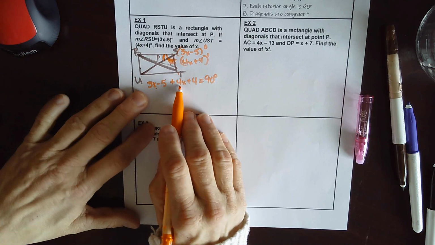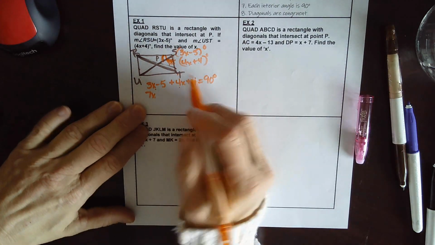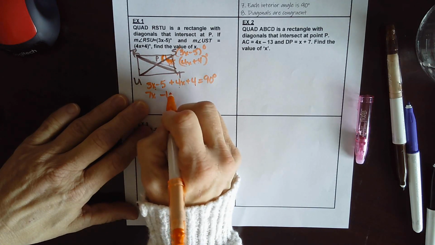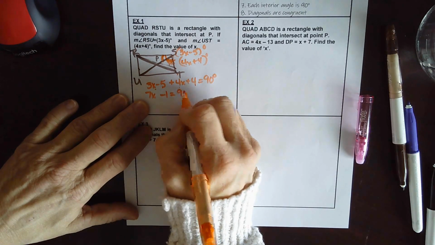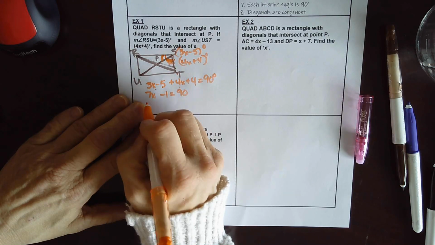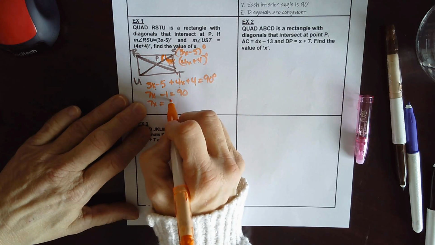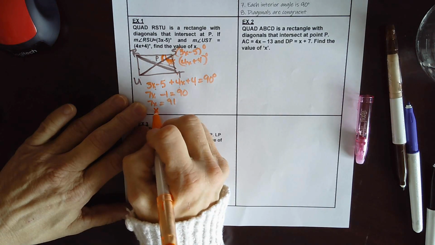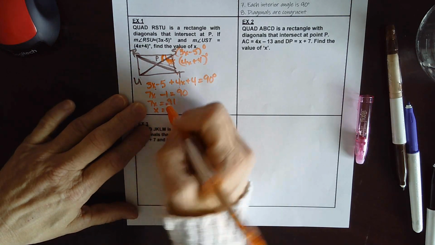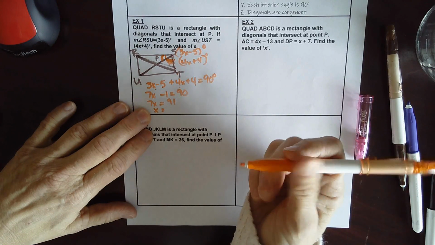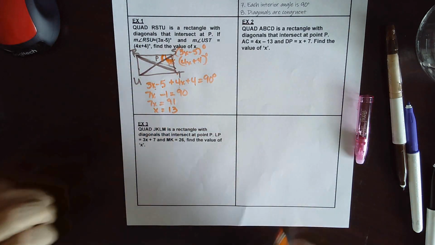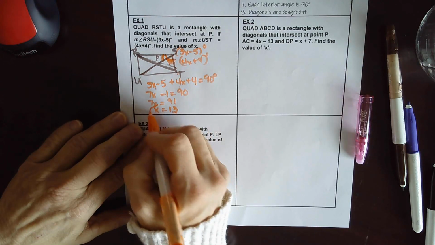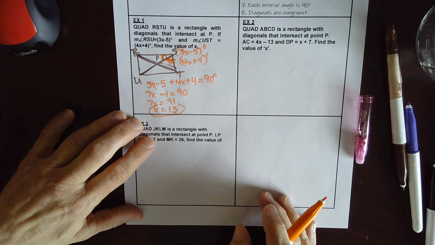So 3x plus 4x is 7x, negative 5 plus 4 is negative 1, equals 90. Add the 1 over, and I get 7x equals 91. 7 will go into 91 13 times. So the measure of x is 13.